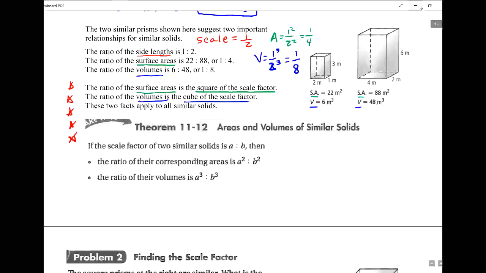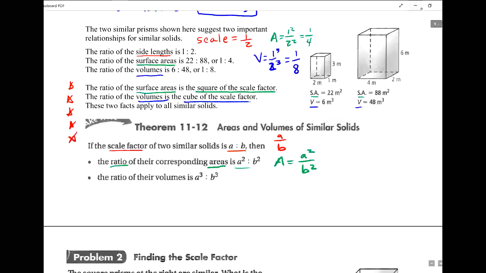Now, this makes our theorem here. If our scale factor is A to B, they're more useful to us written in fraction form, then the ratio of corresponding areas, your area ratio, is A squared to B squared.